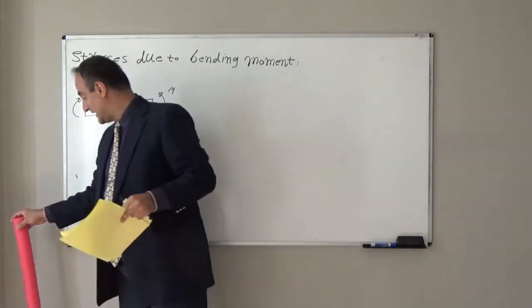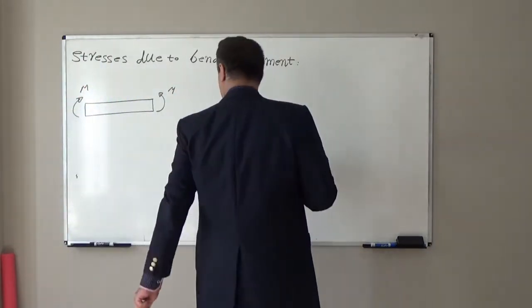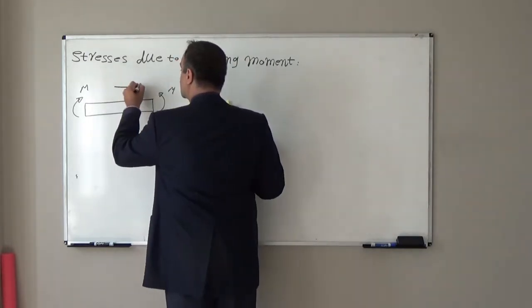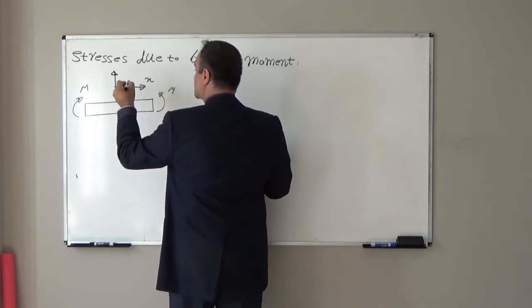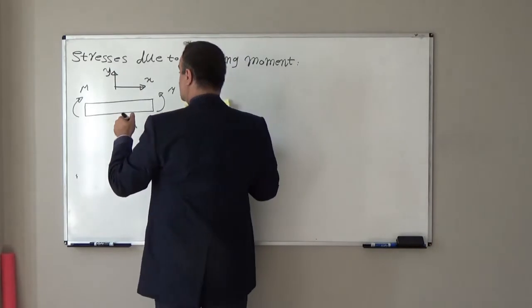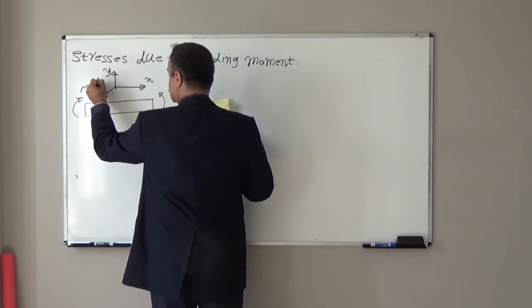So if we apply bending moment to this beam, let's see what will happen. Assume it is in two dimensions. This is x direction, y direction, and z direction it is perpendicular to the board and it is outward.